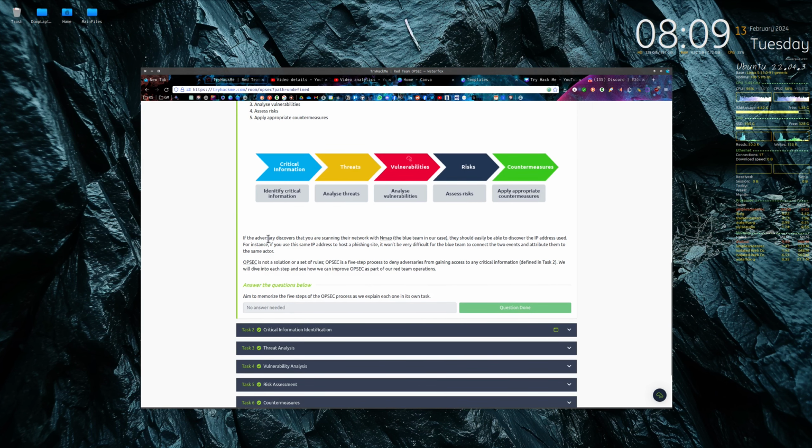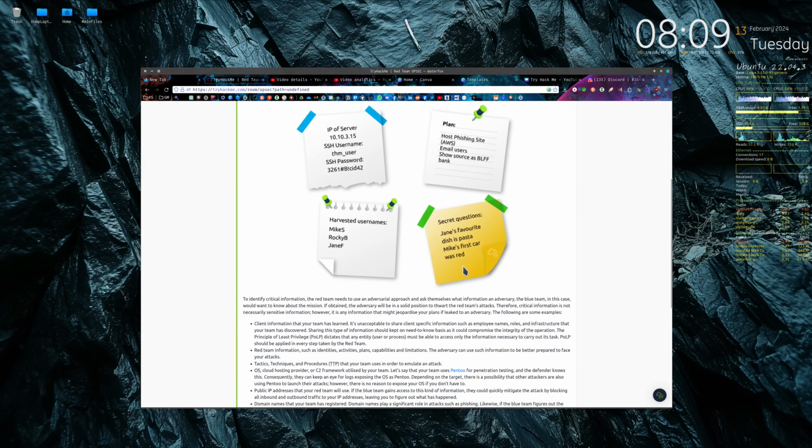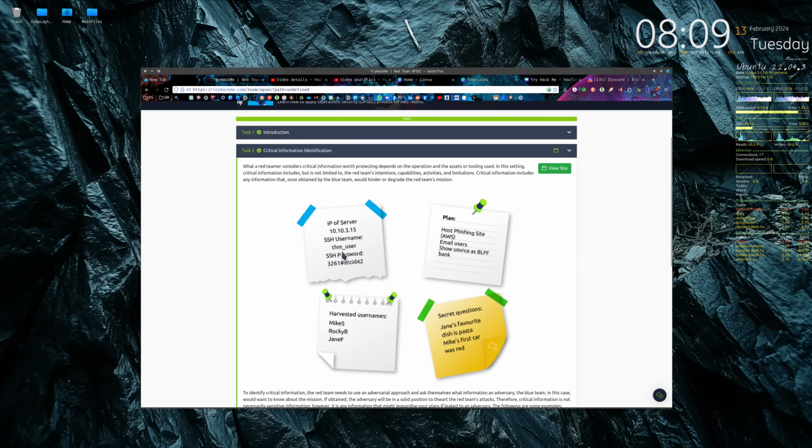All right, so that's a little bit about the introduction and looking at what information could be critical. For example, public addresses, maybe usernames, maybe the types of formats that you have for your usernames. Maybe I don't need to know your full name.